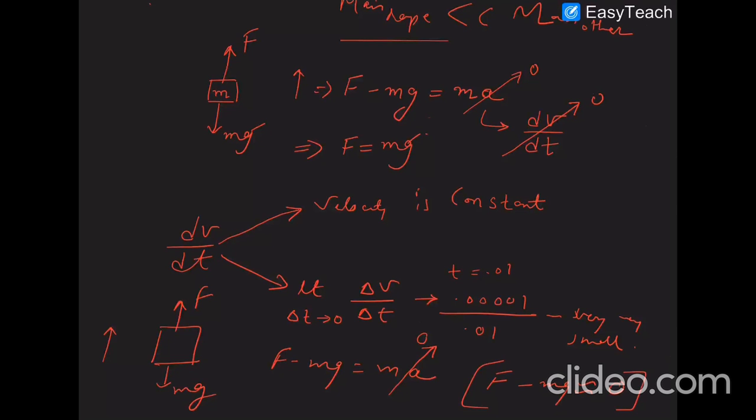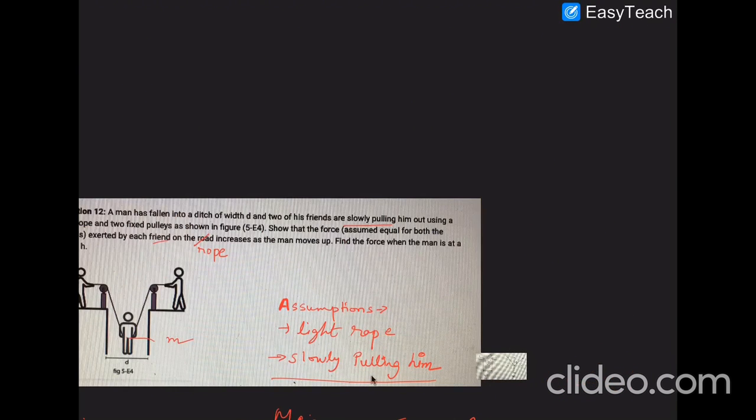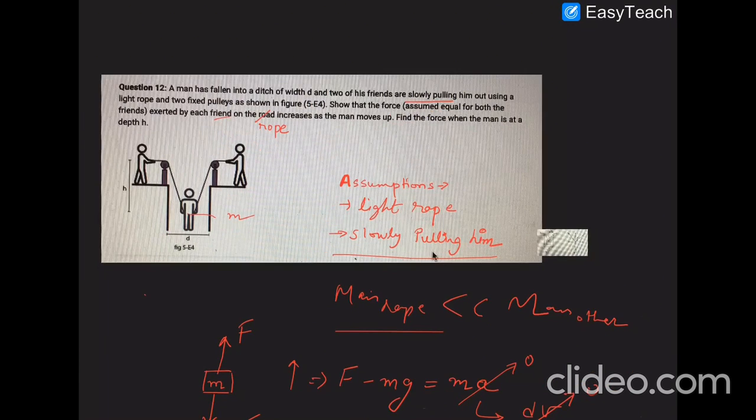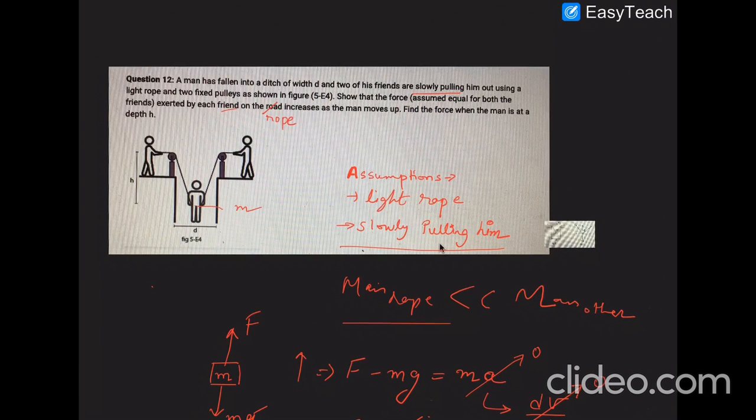As if every time whenever you see it, you will just perceive it as at rest. That is the importance of this assumption mentioned in the problem, that his friends are slowly pulling him out using a light rope. Every time you see this person, you will perceive him at rest, that means there is no acceleration for that person.